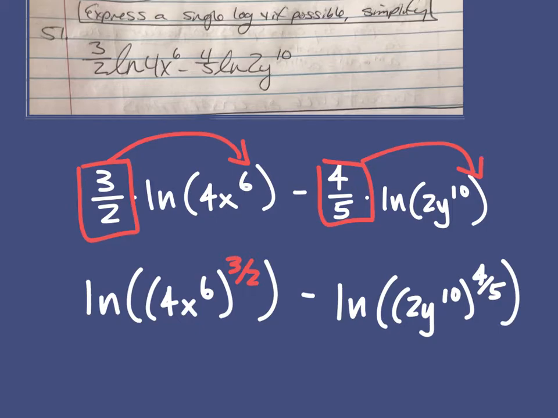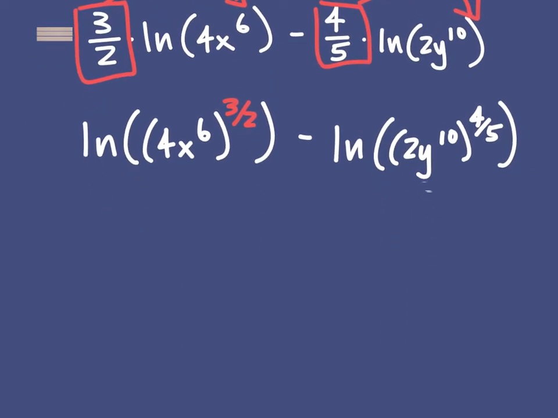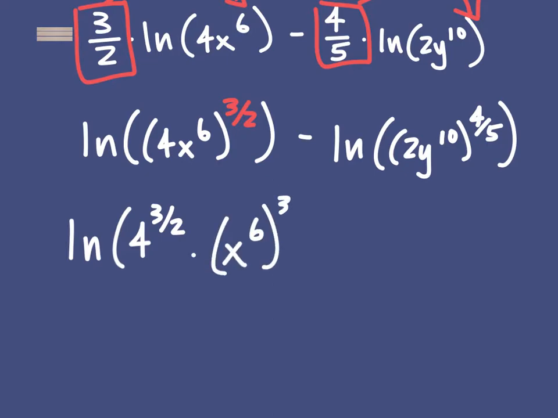And what you can do here is, at this point on the inside, you can simplify what's on the inside. So let's take a look at this. The natural log of 4 to the 3/2, because since I'm multiplying these two things here, I've got to raise each of them to the 3/2, times x to the 6th, that raised to the 3/2.